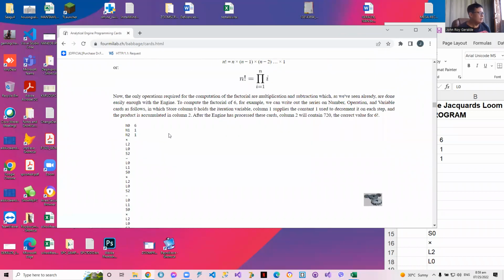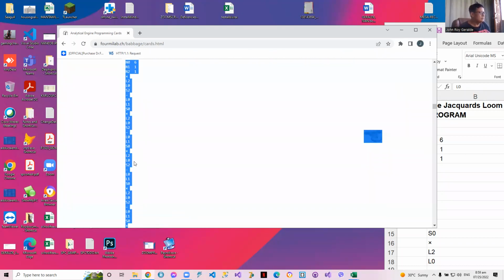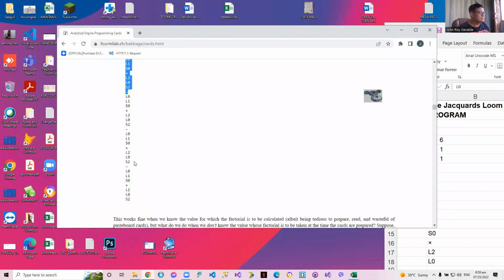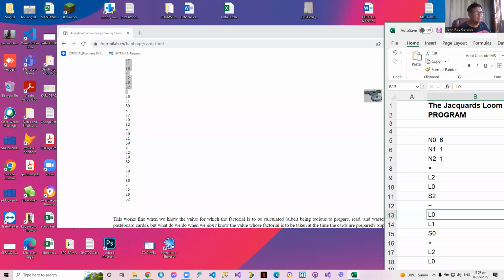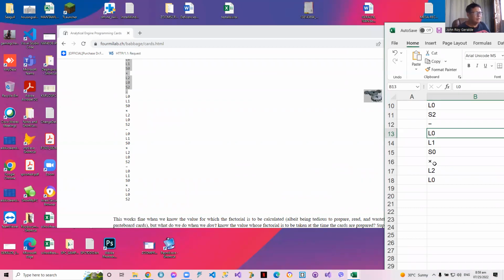The factorial. There are two versions. Okay. Where are we now? This is L0, L1 times L2, L0.